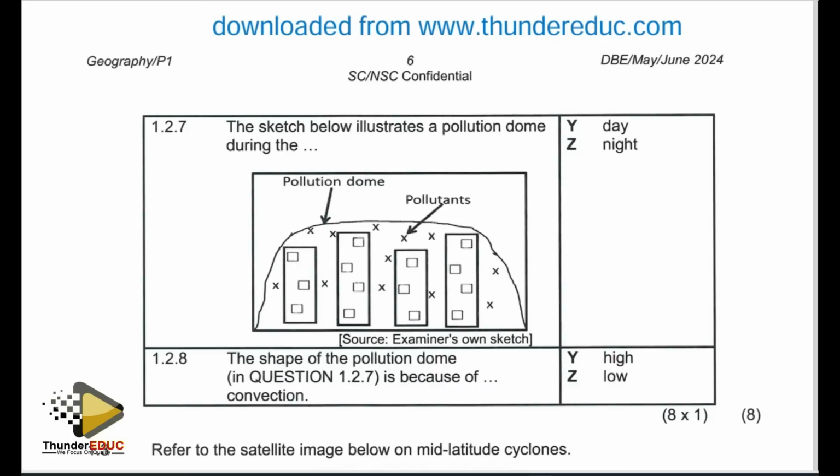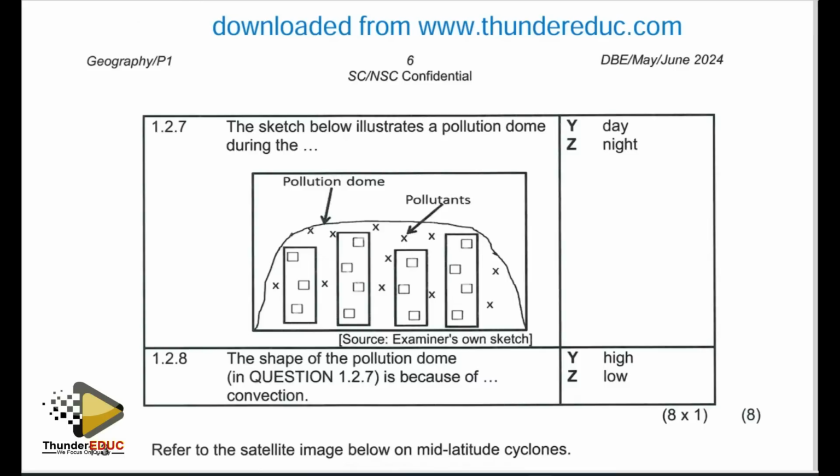So the pollution dome is elevated, raised up during the day because of the convection currents that are realized because of the high temperatures within the city that lead to a low pressure that attracts incoming air from the surrounding countryside. So this shape here is typical of the night situation.